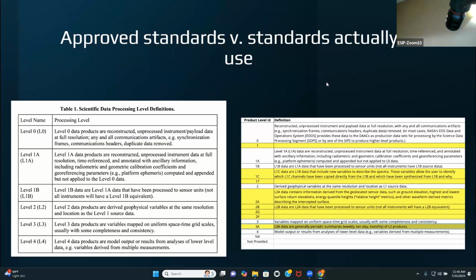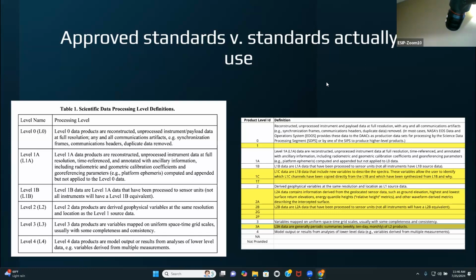So the way it was done is level 0, the data directly from the instrument. Level 1A is the instrument data, and level 1B is the calibrated data from the sensor. Level 2 is at the same level as level 1 for the data, but it is the science observation measured from the level 1.